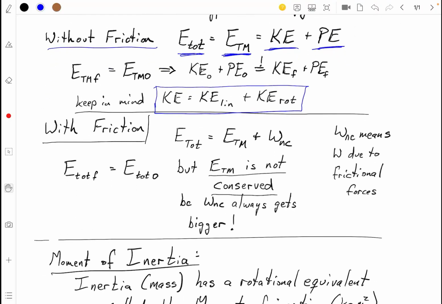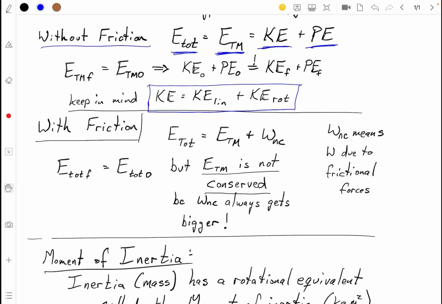Now, with friction, things change a little bit, because now our energy total is our mechanical energies plus all the work that we lose. This is basically non-conservative forces, and so it's work due to frictional forces. We call it non-conservative. It's all the junk that is going to take energy from the system and not give it back.